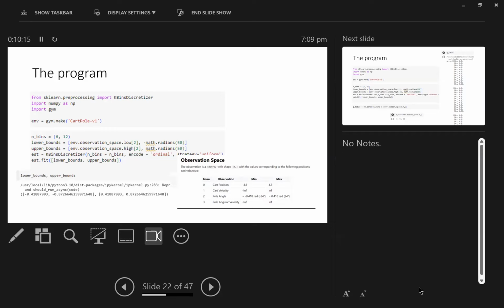The maximum angle here is 24 degrees, and the minimum angle is minus 24 degrees. If the pole falls out of this fan shape, then the game is finished and we cannot save it anymore.